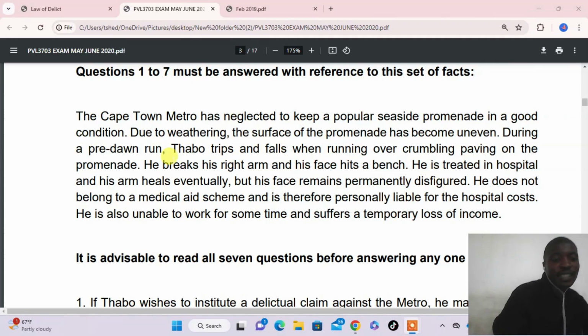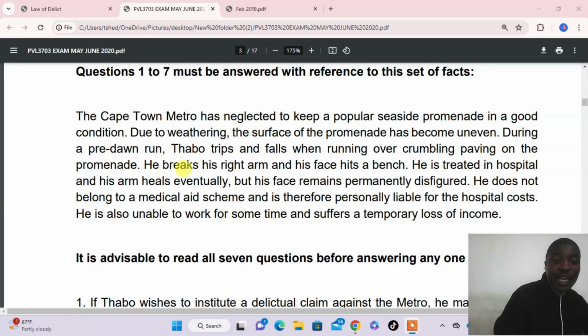Let's start. The Cape Town Metro has neglected to keep a popular seaside promenade in good condition. Due to weathering, the surface of the promenade has become uneven. During a pre-dawn run, Tabo trips and falls when running over crumbling paving on the promenade.